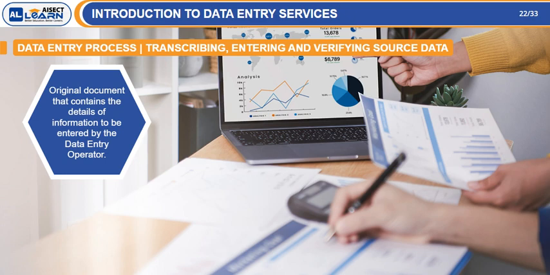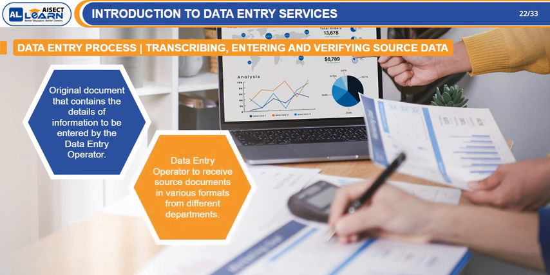A source document is the original document that contains the details of information to be entered by the data entry operator. A data entry operator may receive source documents in various formats from different departments.